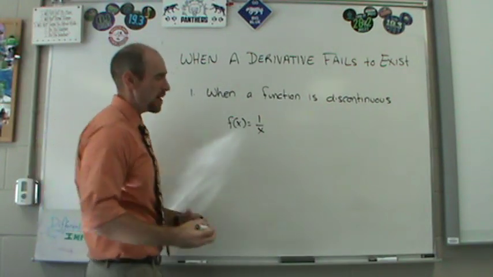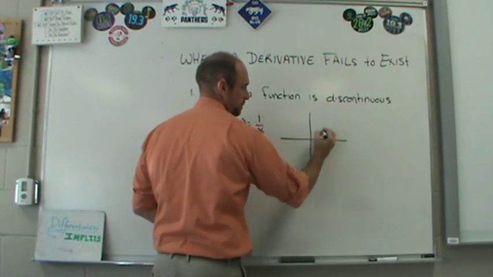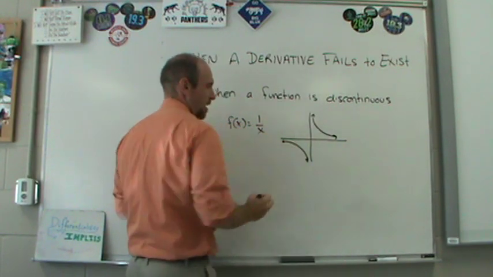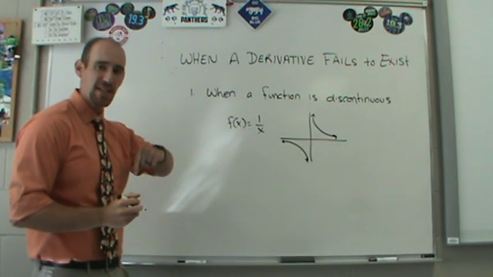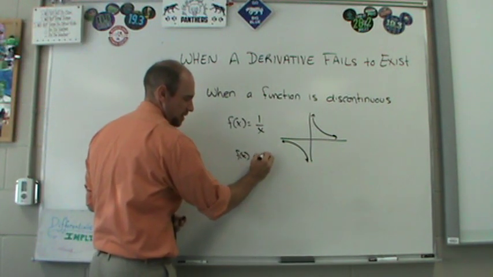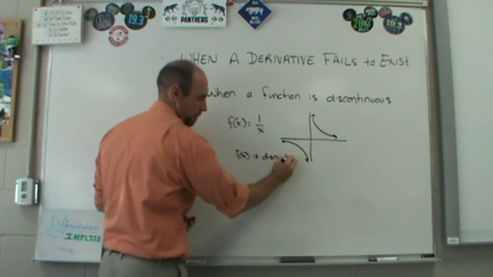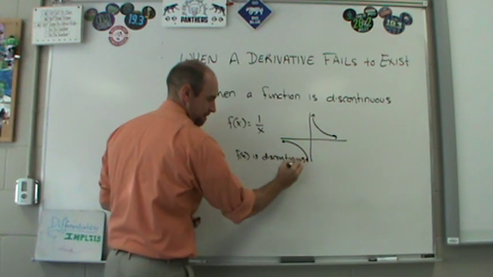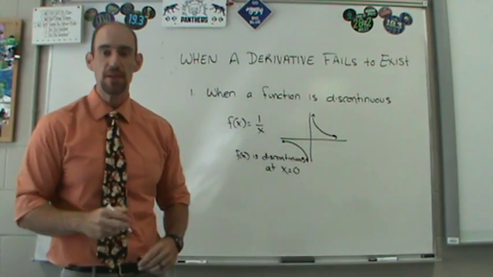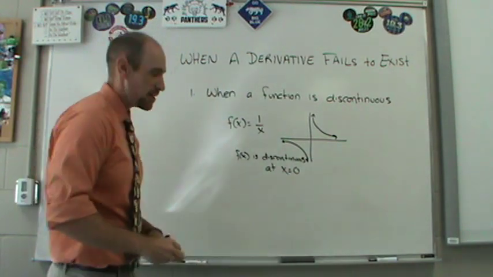We've looked at this graph a lot, just a reciprocal graph. Here it's discontinuous at x equals 0. So f of x is discontinuous at x equals 0, so the derivative would not exist at x equals 0.